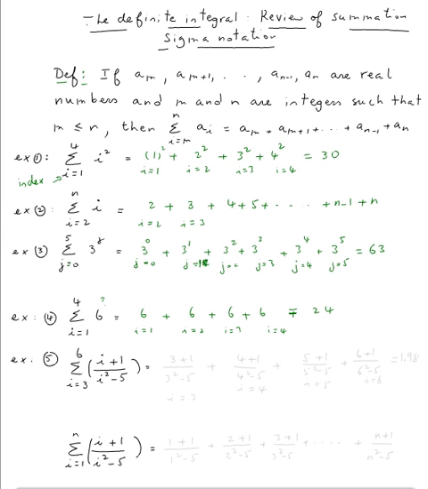For number 5, we need to go from 3 to 6. When i is equal to 3, whatever you see i, plug in the 3. So 3 plus 1 over 3 squared minus 5. So we plug 3 for each i. This is what we mean with i equal 3, plus when i is equal to 4, we plug 4 into each i.